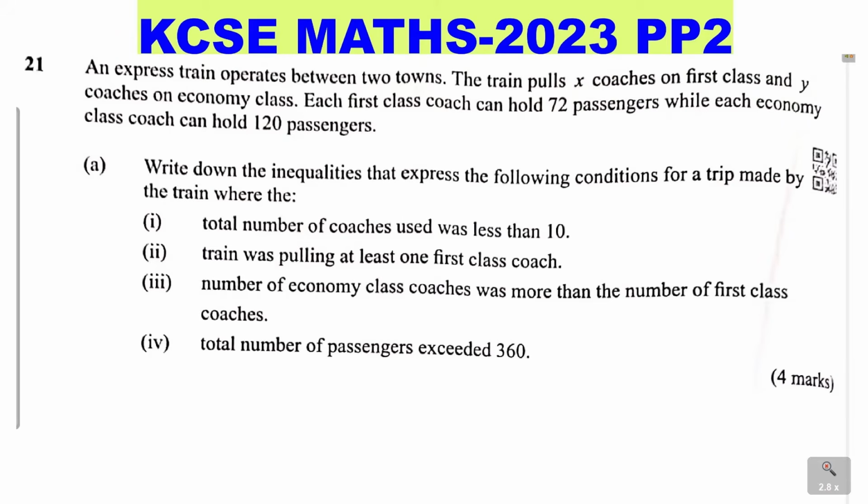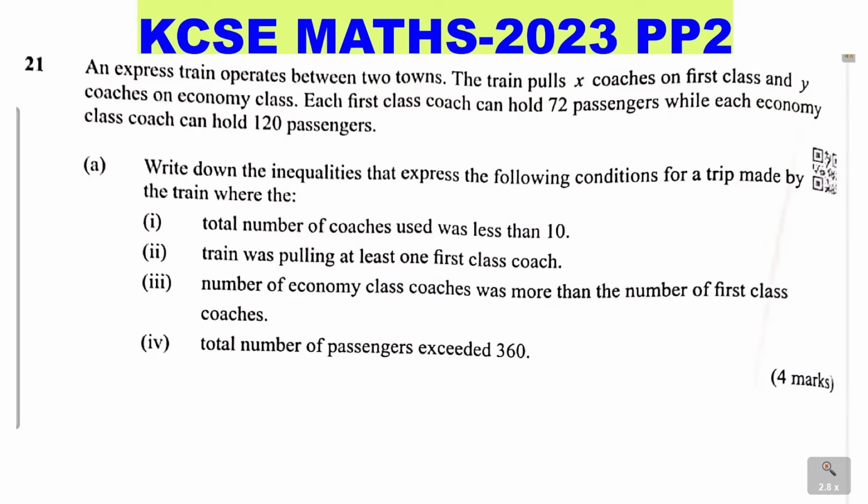Total number of coaches used was less than 10. 2. Train was pulling at least one first class coach. 3. The number of economy class coaches was more than the number of first class coaches. Then 4. Total number of passengers exceeded 360.